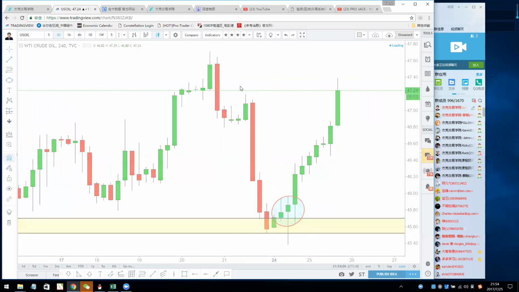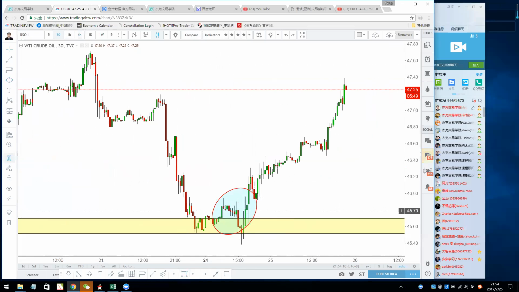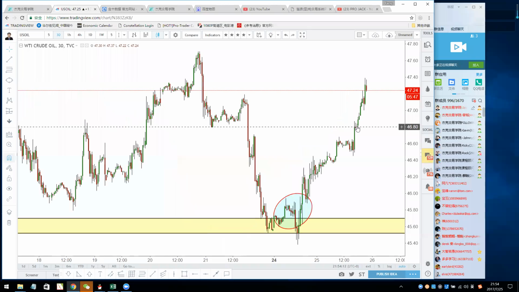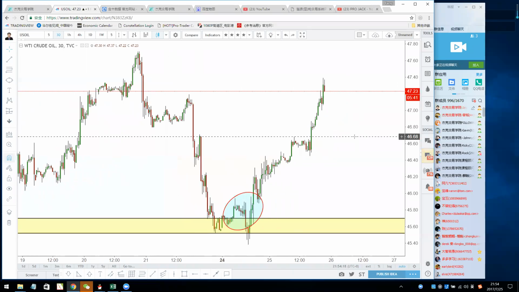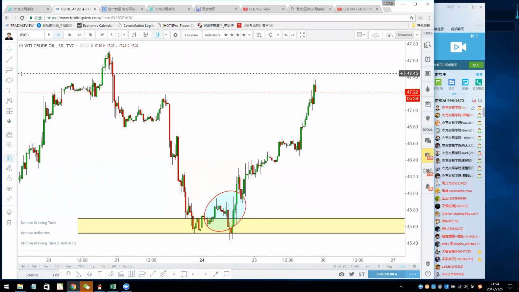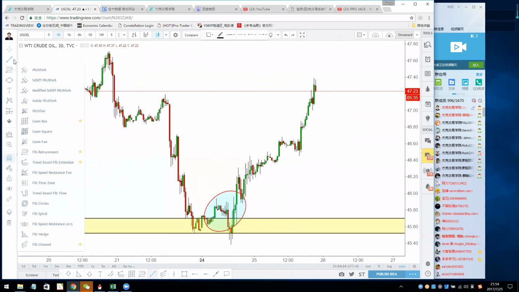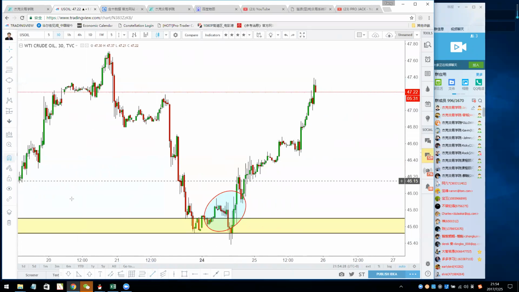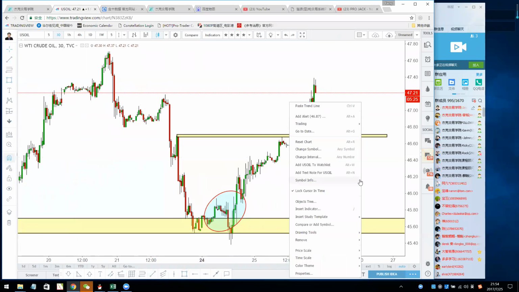And right now, I'm thinking, since the oil is moving up, I definitely don't want to be chasing the price. I don't want to buy high. I want to focus on buying low. So where is the low? This place will attract me to look for a potential buying opportunity again, this area at 46.71.